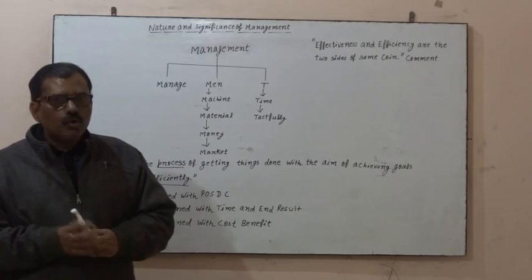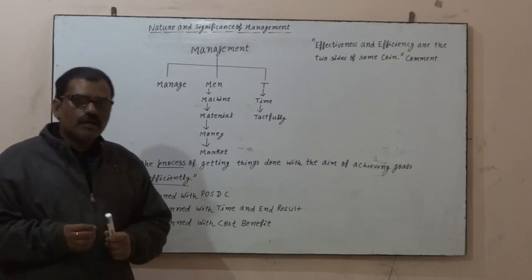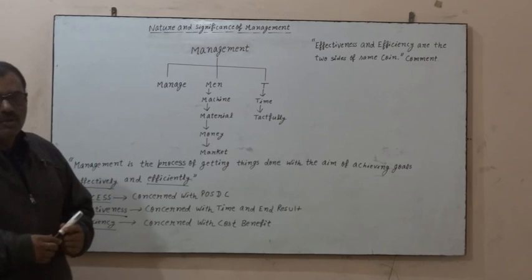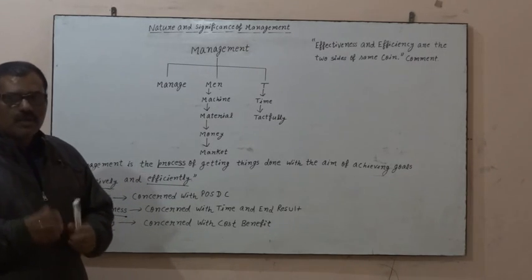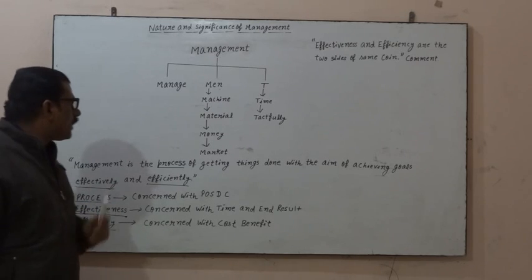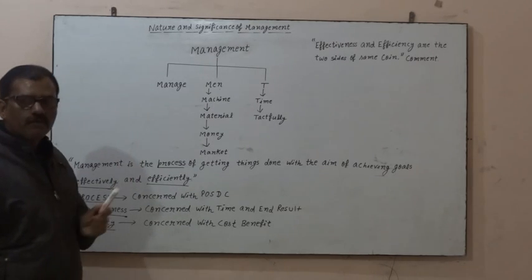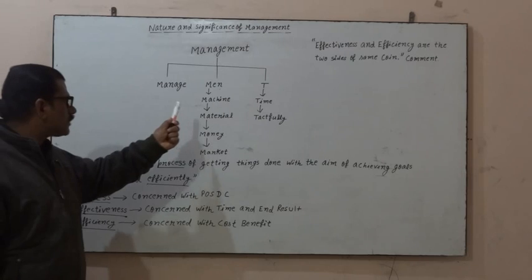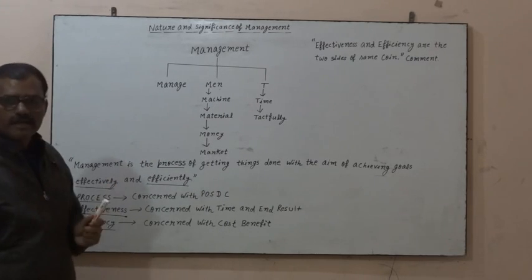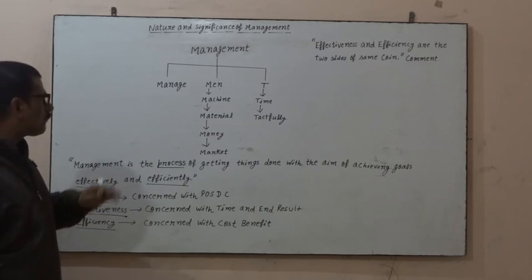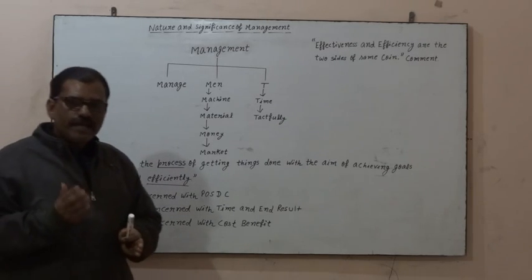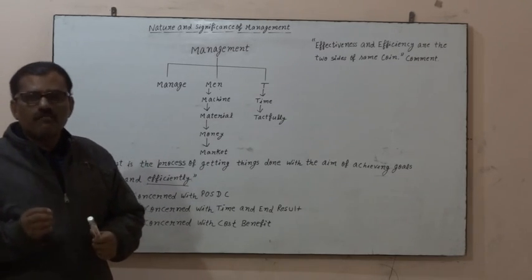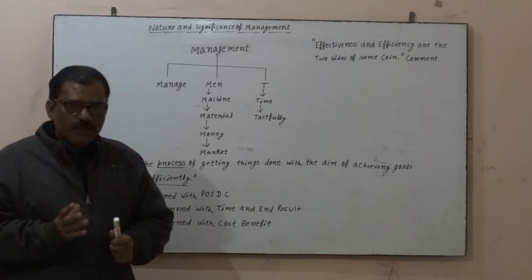Dear students, you know that a manager uses the resources of an organization to achieve its objective. Resources means a manager uses manpower, he uses machines, material, money, etc. With the help of resources of the organization, a manager tries to achieve the objective of the organization.